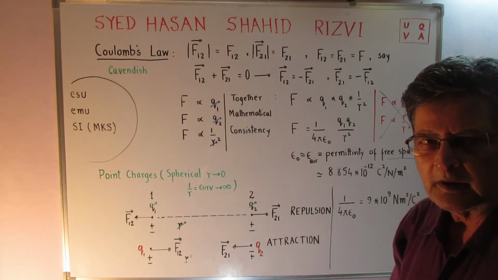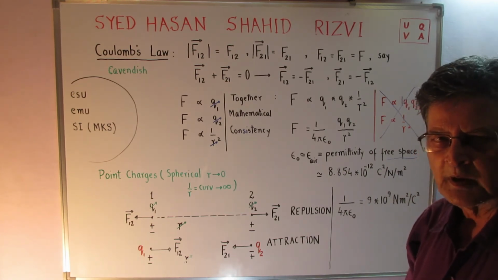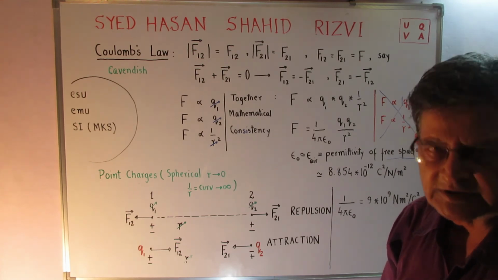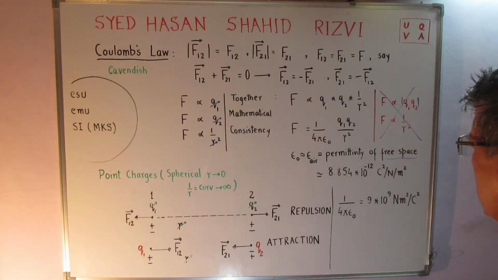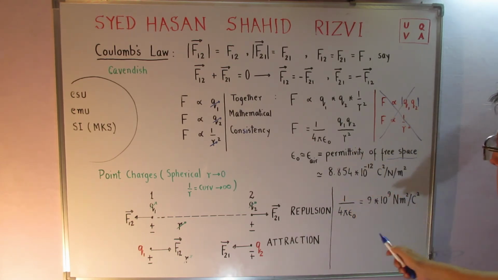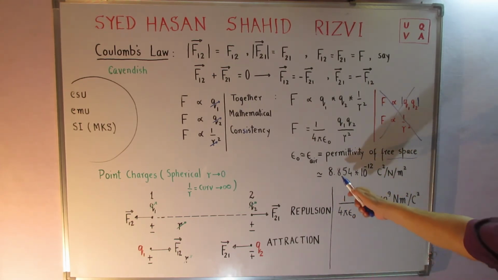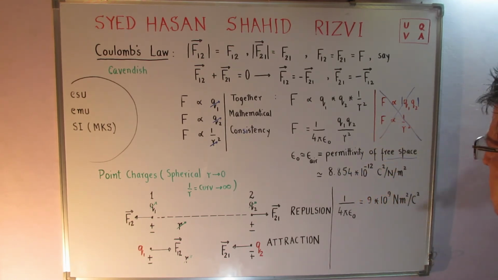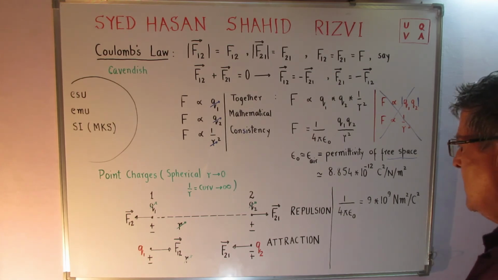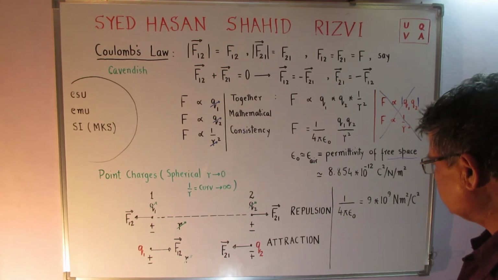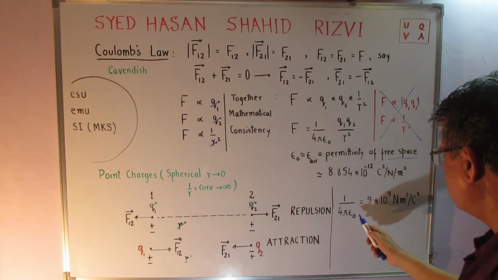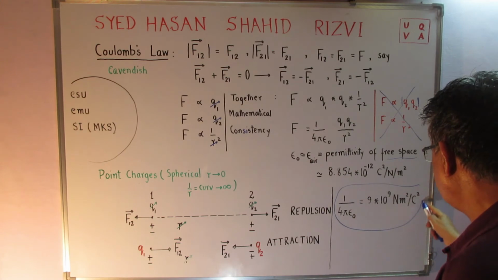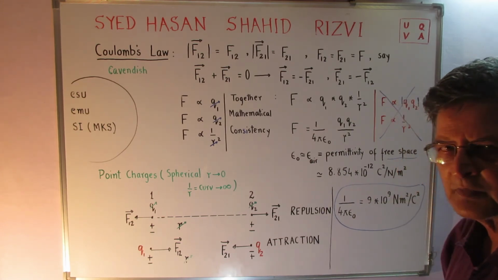But the permittivity of free space, which is given the name vacuum, free space, something called nothing, turns out to be, in the SI system that we have, 8.854 into 10 to the power of minus 12 Coulomb square per Newton per meter square. But the interesting feature is that 1 upon 4 pi epsilon naught has a very friendly value.